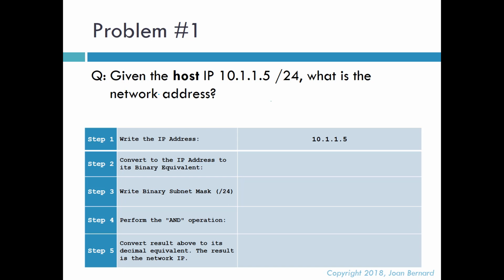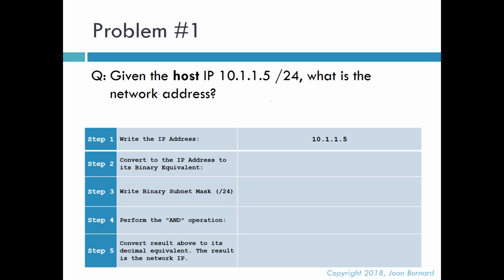Okay, let's take a look at the next problem. Given the host IP 10.1.1.5/24, what's the network address? Once again, you may already have that figured out, but this is a good time to practice to see if you can do the ANDing process. Step 1, write the IP address. Step 2, convert it, then write the binary subnet mask, then perform the AND operation.